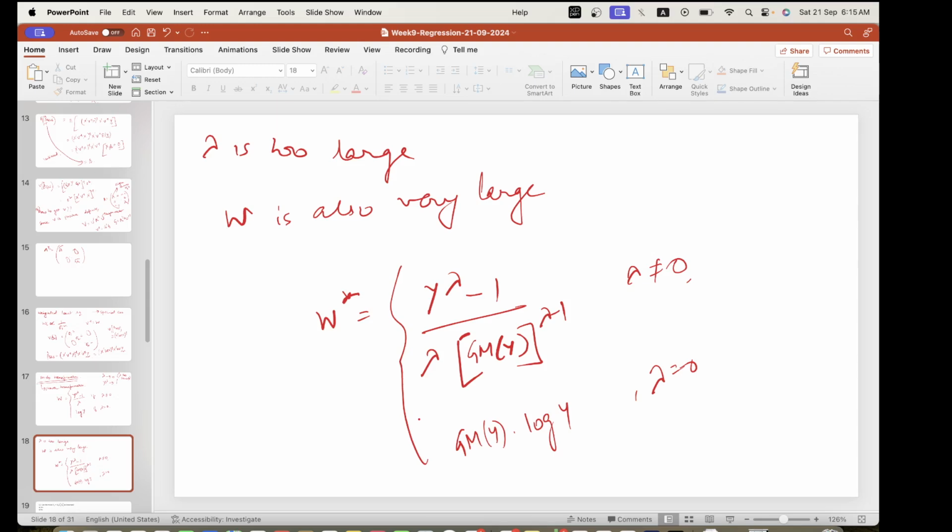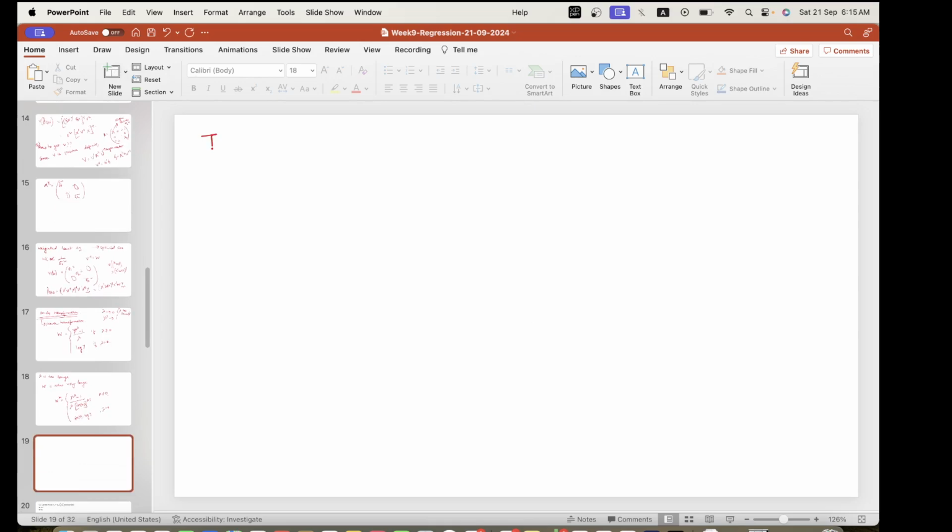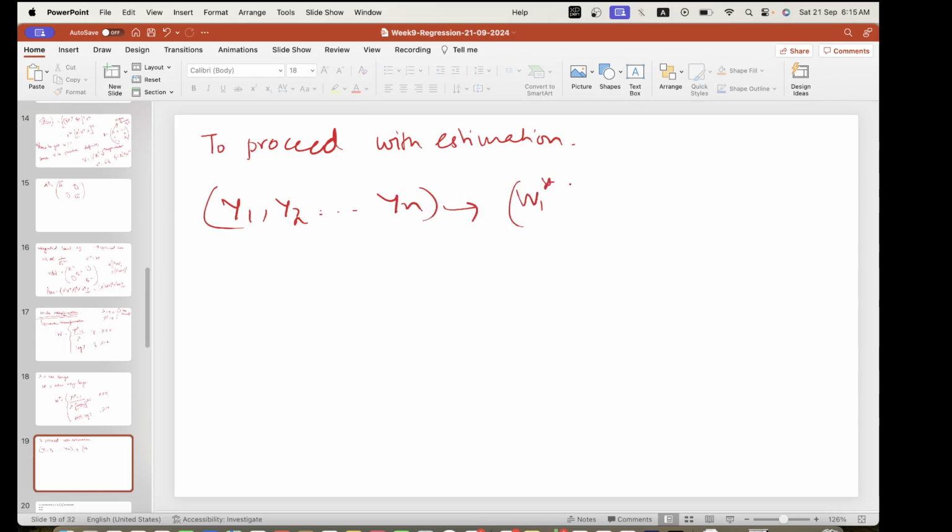Now how do we go ahead with estimation? In order to proceed with estimation, we transform y1, y2, ..., yn to w1 star, w2 star, ..., wn star.